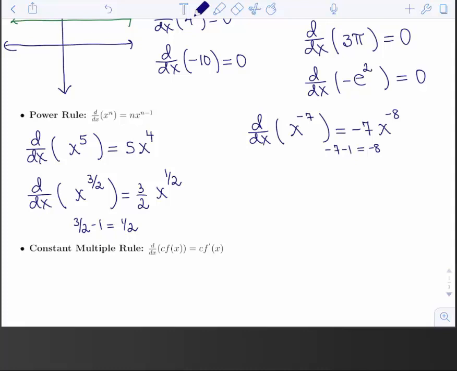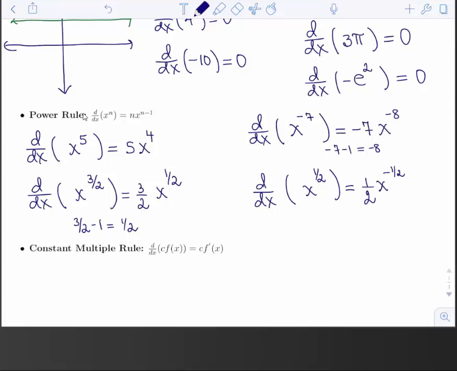And let's see, what else can we have? Let's say we have something like this, d dx, and x is raised to the power 1/2. The rule is still the same. We're going to do 1/2 x to the power, what? 1/2 minus 1, that's negative 1/2. So over here we see that the power changed from positive to negative, and that can happen, and there's nothing wrong with that. All right?